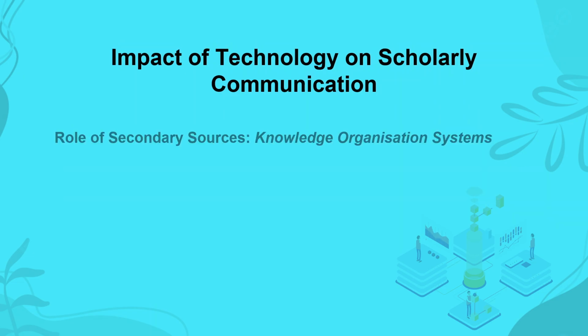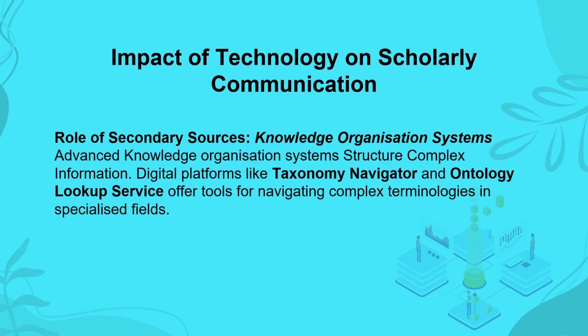Next, we come to knowledge organization systems as secondary sources. Advanced knowledge organization systems structure complex information. Digital platforms like Taxonomy Navigator or Ontology Lookup Service offer tools for navigating complex terminologies in specialized fields.